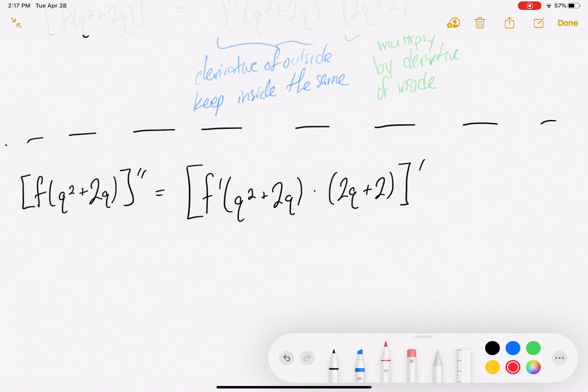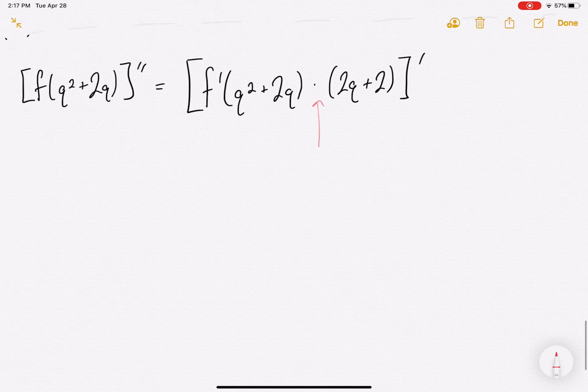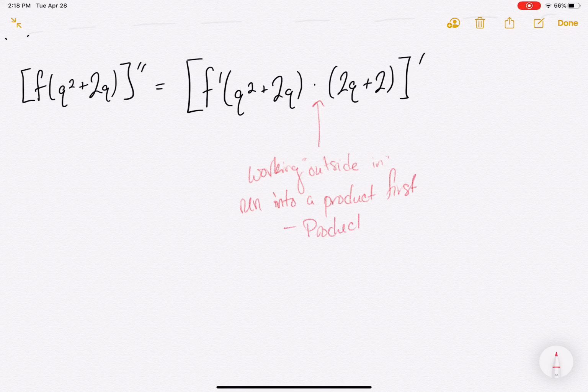And I think everybody can see this. Working outside in, we run into a product first. So we're going to need to use the product rule.